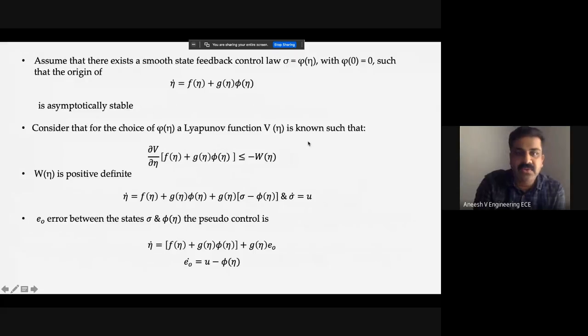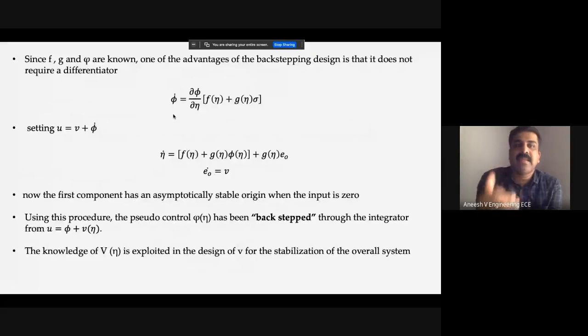I know that as a newcomer, this design process is too complicated. But once you solve it from your side, this is the easiest method to achieve the control action. Since the terms f, g, zeta are all known variables for us, one advantage of the backstepping technique is that it does not require a differentiator.